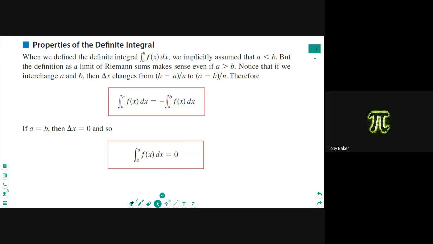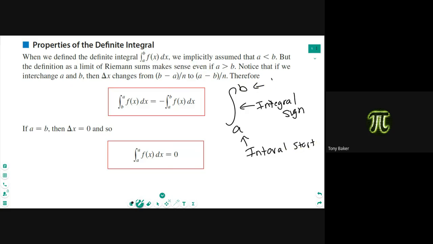So the first one is when you're looking at an integral, that is the integral sign. And this is the interval we're looking at, so start to the end.